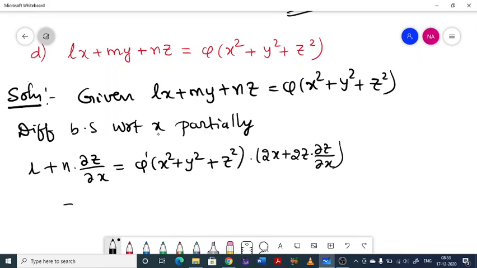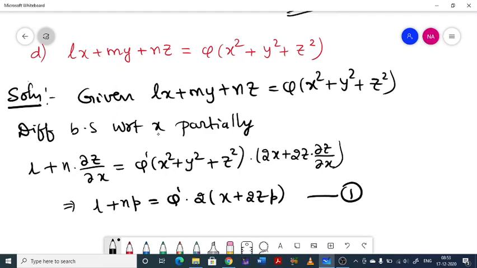So I will get L plus np equal to phi dash times 2 into x plus zp. Call this equation 1.